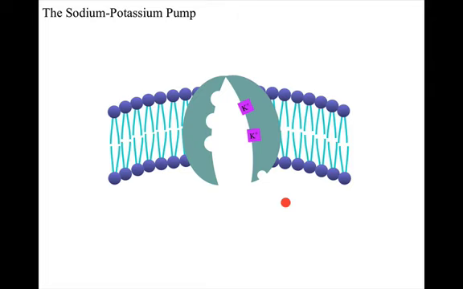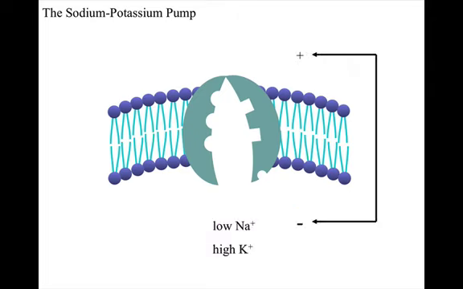These changes also break the bonding of the potassium ions that are therefore released into the interior of the neuron. So at this point, the pump protein has returned to its original state, and the cycle can repeat. The effect of the pump is therefore to create a deficit of sodium ions and an excess of potassium ions in the interior of the neuron relative to the outside.